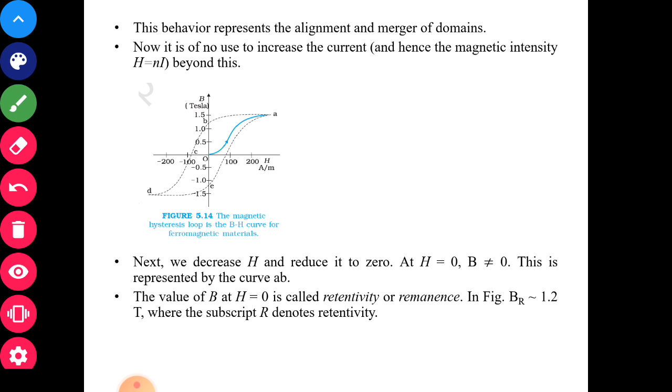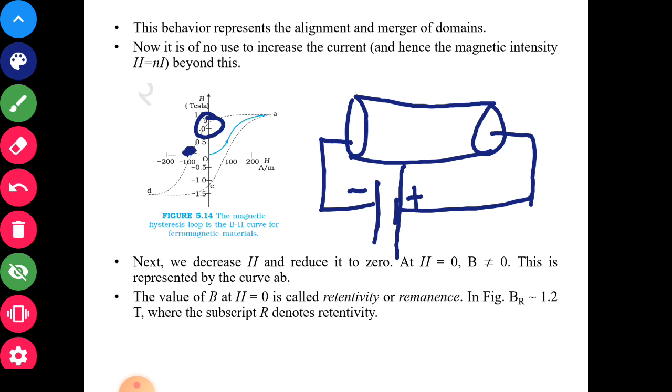So that is explained: the domains are not completely randomized even though the external field has been removed. Domains are not randomized at the retentivity point, or we can say at this point B. All the domains have not randomized.